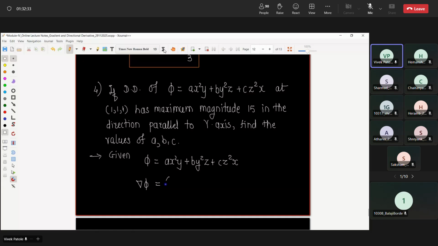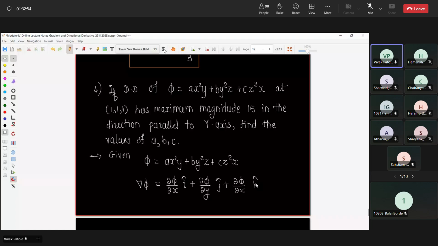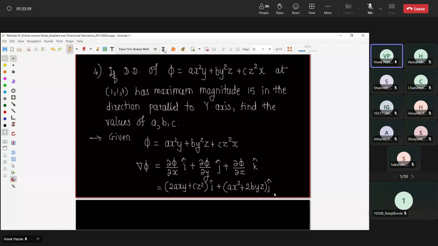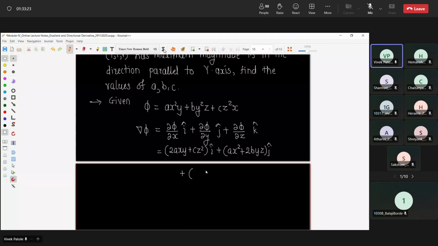So del phi will be, by the formula as I discussed, you have to write it down because this is a new example: del phi upon del x i cap plus del phi upon del y j cap plus del phi upon del z k cap, which is equal to 2axy plus cz square i cap, plus del phi upon del y, so ax square plus 2byz j cap, plus with respect to z now, by square plus 2czx k cap. This is our del phi.